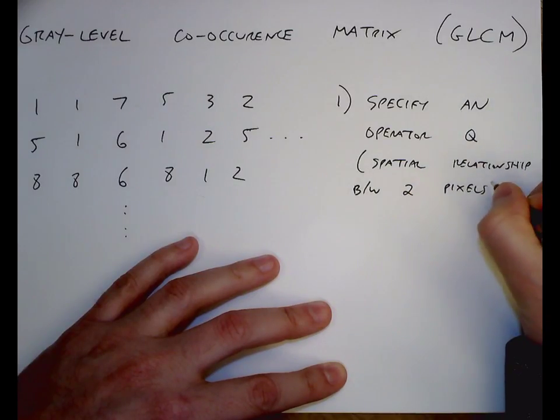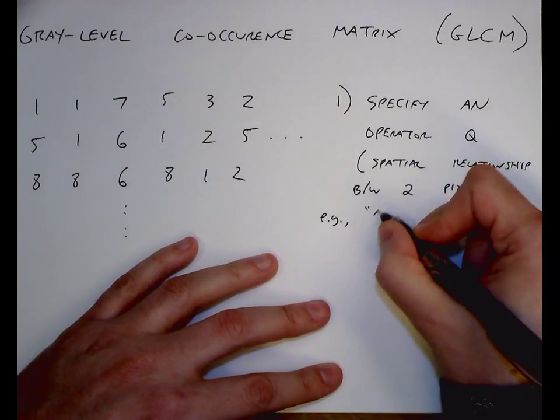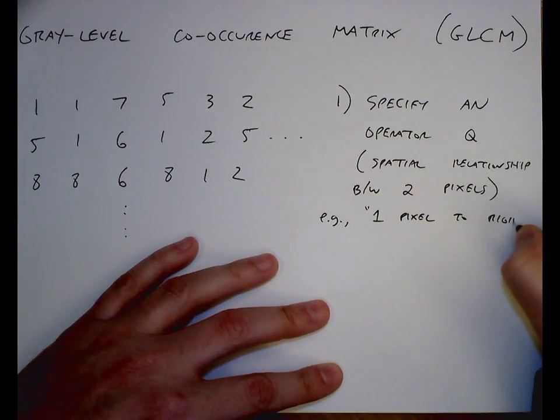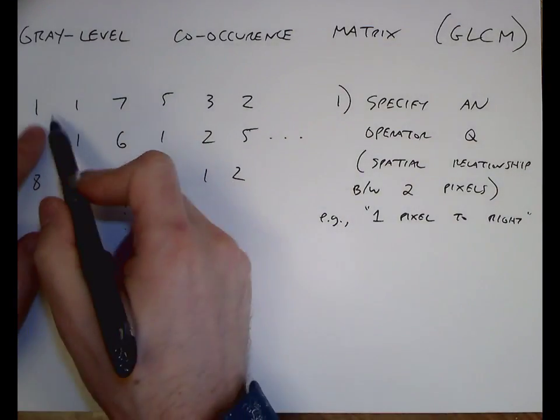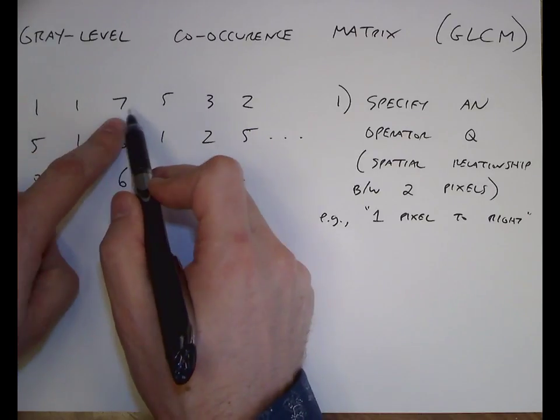Super simple, right? For example, I could say, 1 pixel to the right. This basically says I'm going to look at neighbors that are immediately to my right. And I'm going to look at the relationships between all of these pairs of 1-to-the-right pixels.